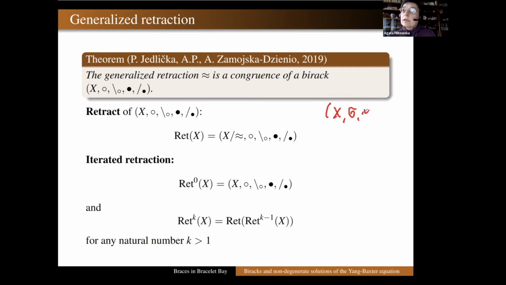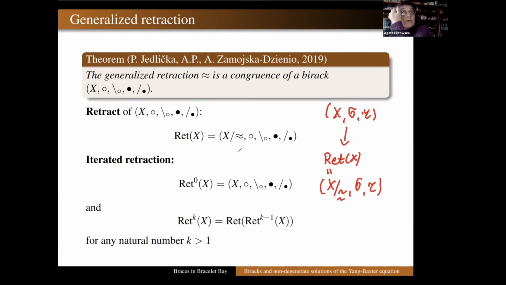For any solution we can define its retraction, which is of course a solution defined on the quotient set by this generalized retraction. Moreover, the Birack corresponding to this retraction is the retract of the quotient Birack defined on the equivalence classes of the generalized relation.